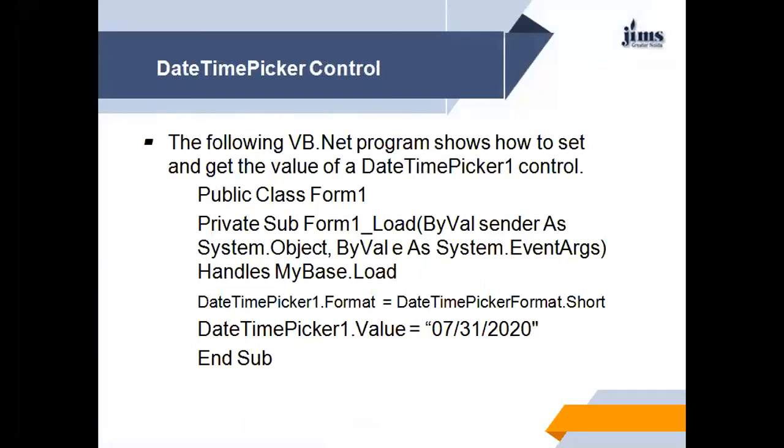The value set is 31st July 2020, then End Sub and End Class. In this way, you will set the date value. In this case we have set 31st July 2020.